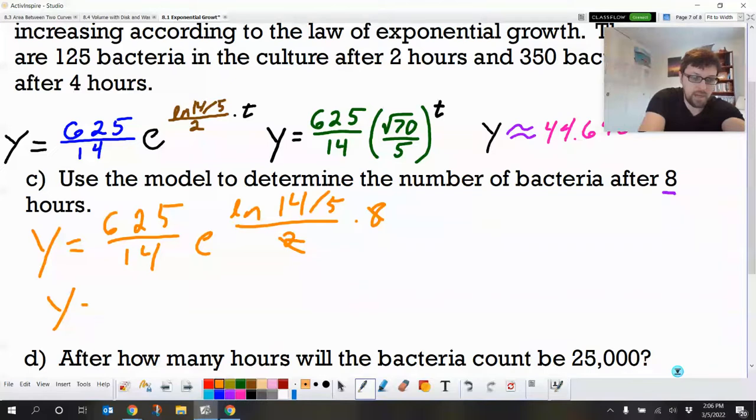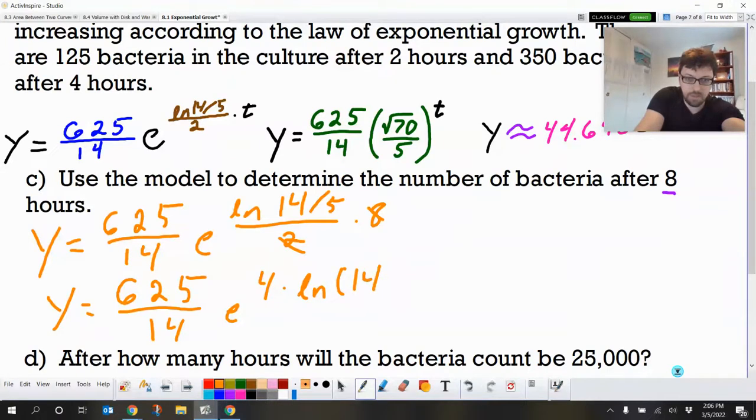So we get y equals 625 fourteenths, e to the 4 times the ln of 14 fifths. Then the e to the ln of 14 fifths, those are going to cancel each other out. Well, not cancel, but they'll kind of go away.